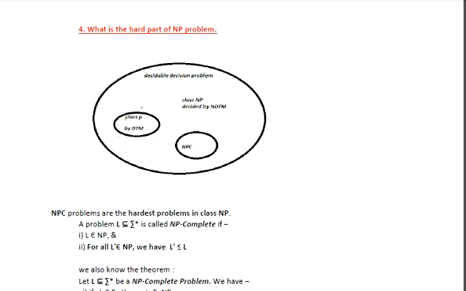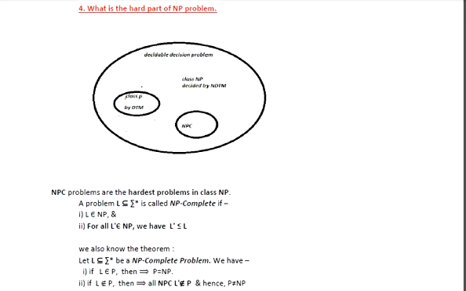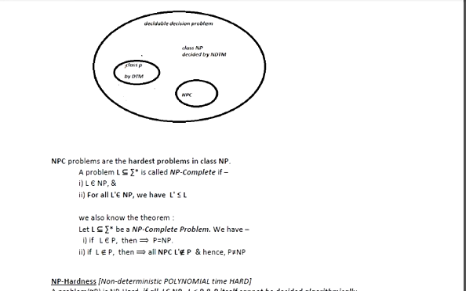I already explained the NP complete problem once, but again, the NP complete problems are the hardest problems in the NP class, and I will tell you the reason. First, let's see the NP complete definition once again.